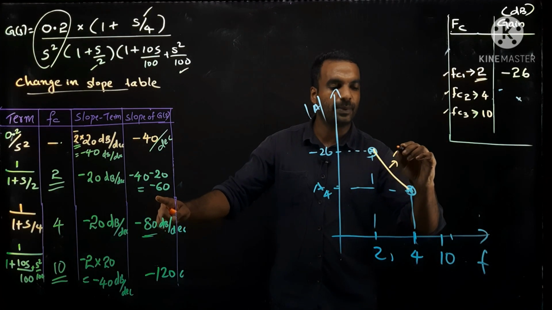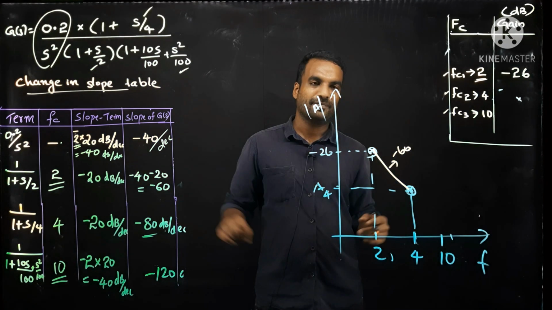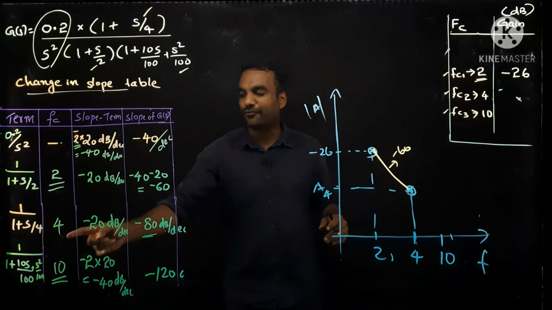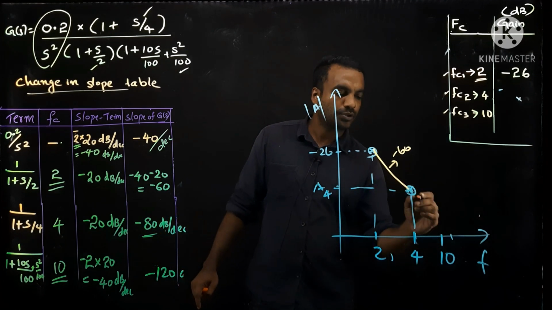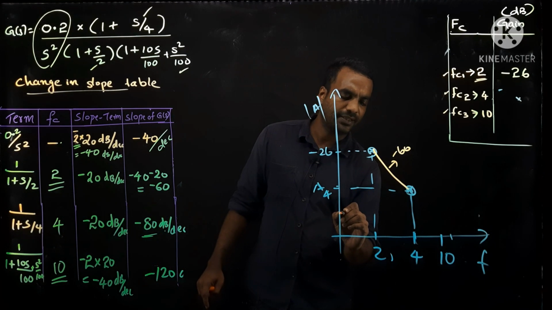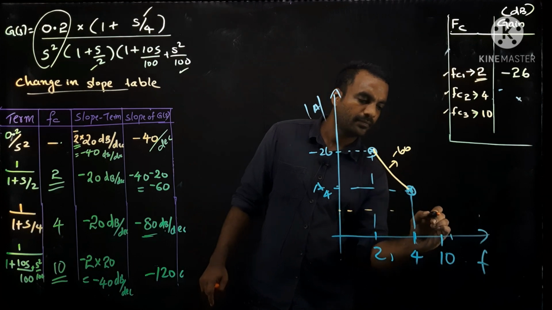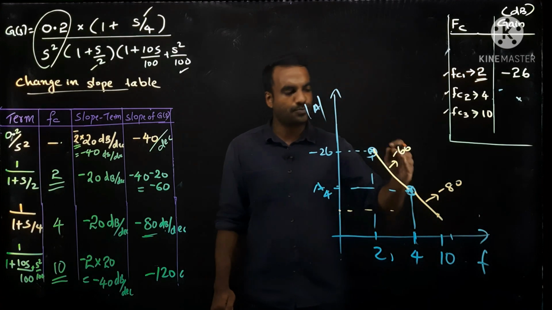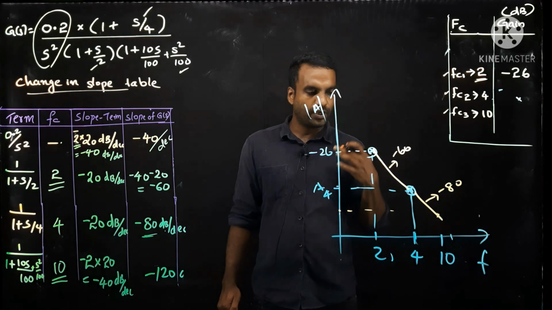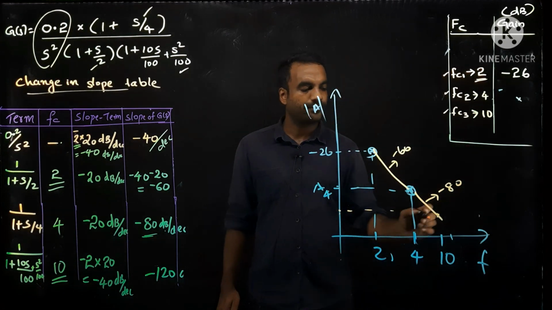So it is a negative slope. Again from 4 to 10 it is a negative slope, so that point also will be negative. You will get it here somewhere, and that slope is minus 80. The slope should be changing. While drawing with exact scale, you will get it like that.